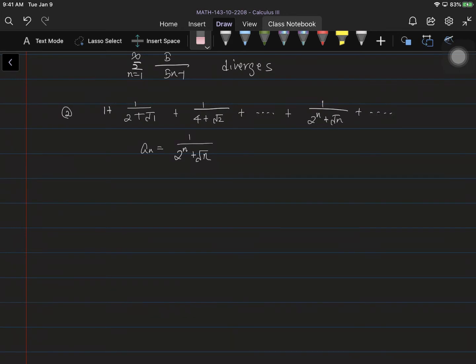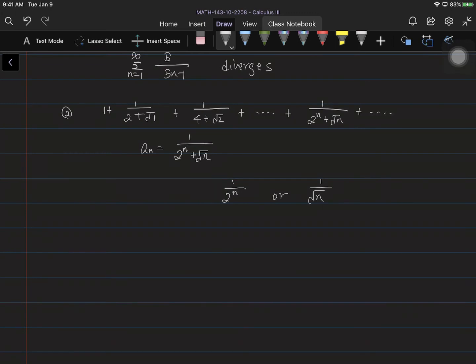We want to compare this an with some other series. And right now in the denominator we have two terms. We don't know how to do this directly, right? But we want to compare with just one term. So here we can compare with this thing.